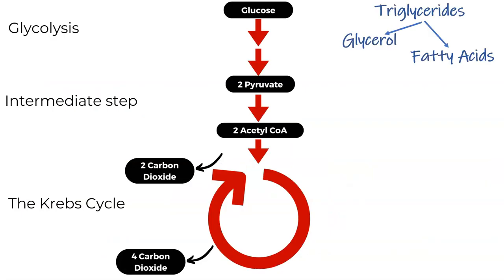So glycerol can be oxidized into one of the intermediate molecules of the glycolytic pathway, so then it can feed directly into glycolysis. Fatty acids are oxidized in a process called beta oxidation, and the product of beta oxidation is acetyl-CoA, which is something that can immediately enter into the Krebs cycle.